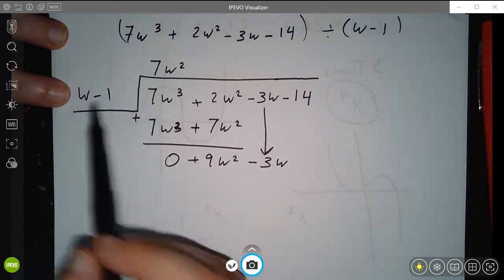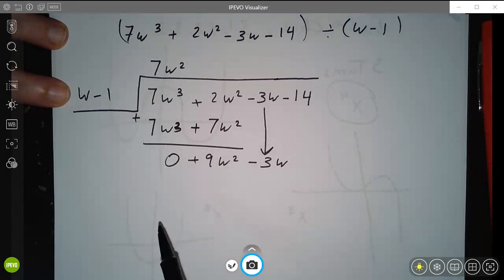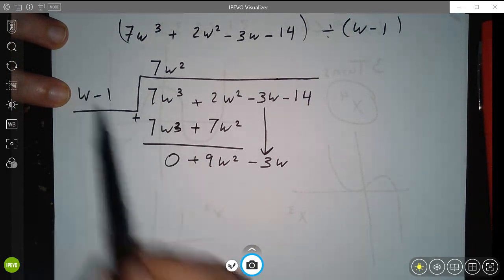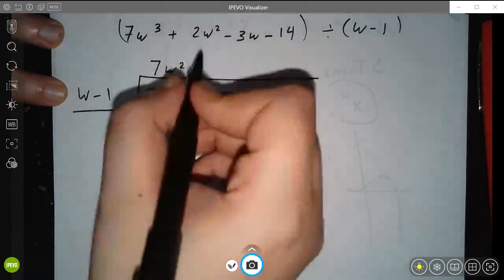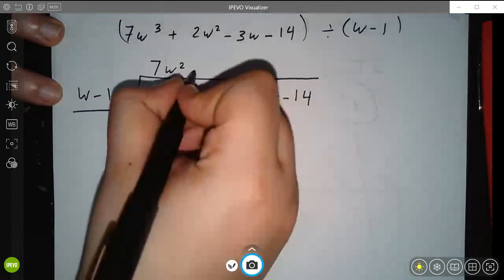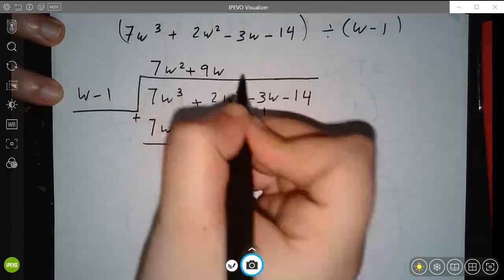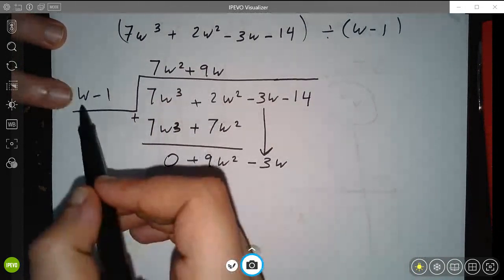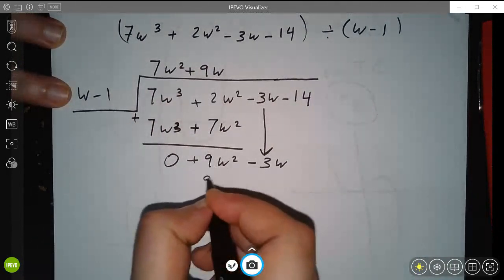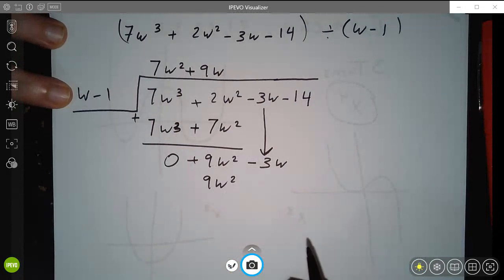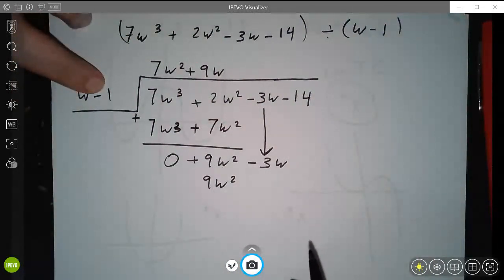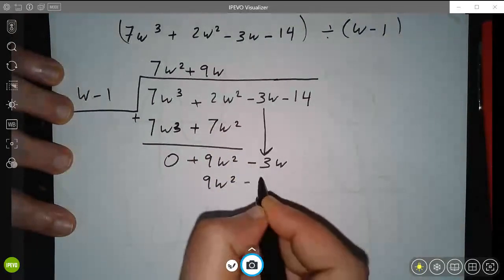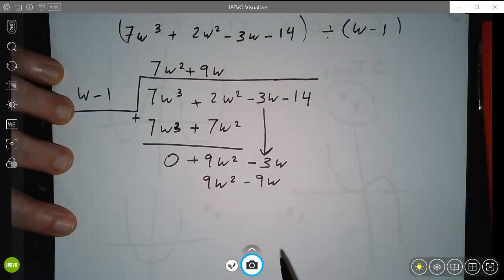So what do I multiply the w by to get 9w squared? 9w multiplied by w gives you the squared, so that's what I'm going to use. Plus 9w. So 9w times w gives you 9w squared, is what I wanted. And then 9w times the negative 1 is going to give me negative 9w.